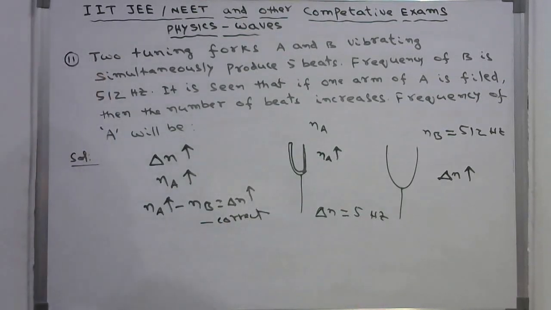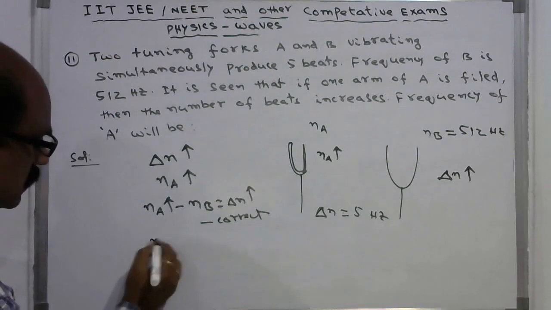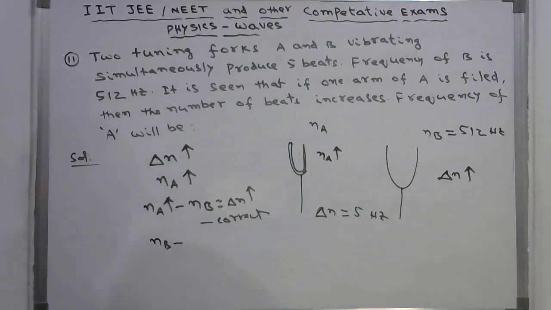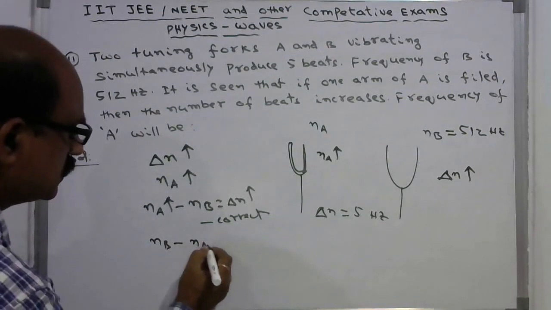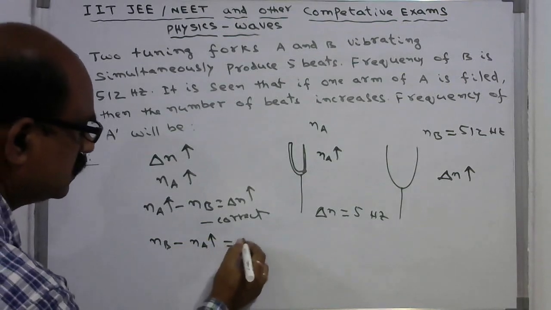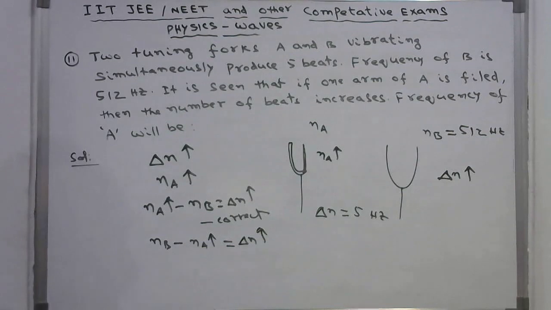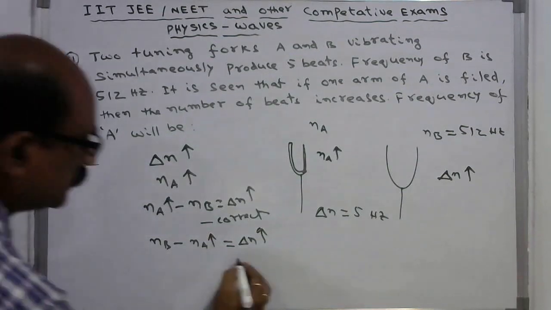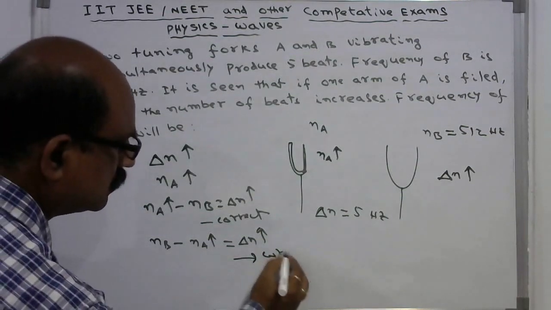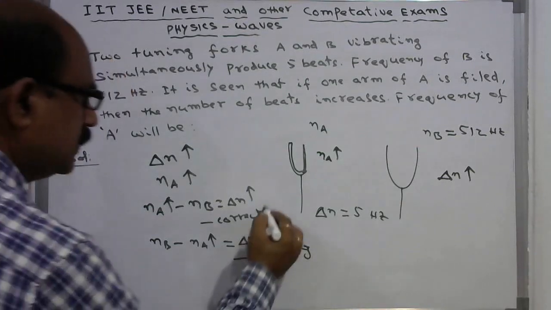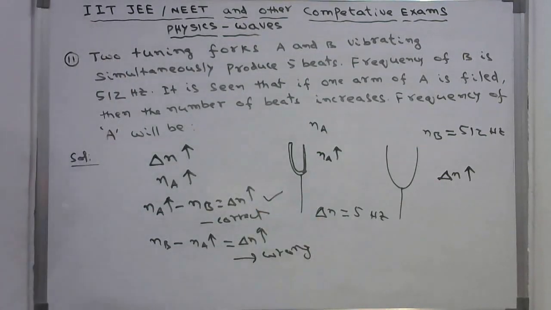Now the other form is NB minus NA increased is equal to delta n increased. This is wrong. So we have to take this into consideration.